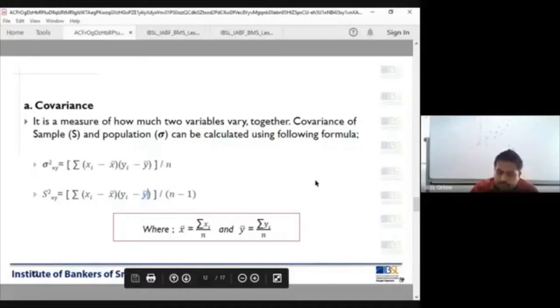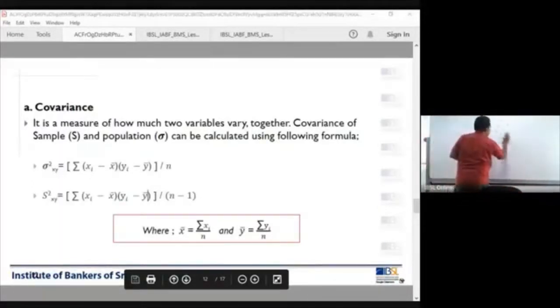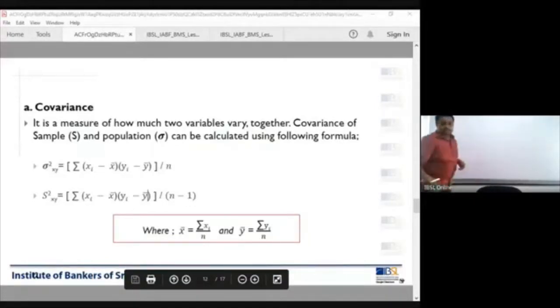Let's say for simplicity, I'll use the board here. We are talking about 5 data points. I'm just going to introduce some 5 data points here, xi and yi, in the form of 3 and 5, 7 and 3, -1 and 4.